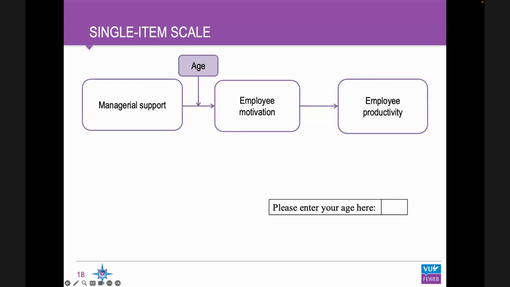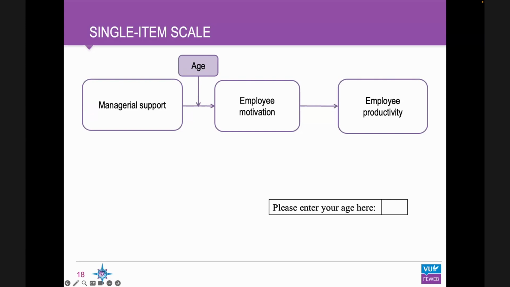Would give part of my income to the environment. Increase in taxes if used to prevent environmental pollution. So you would agree to increase taxes if it's meant for preventing environmental pollution. And government should reduce the environmental pollution. In this case, the answers go from strongly disagree to strongly agree.